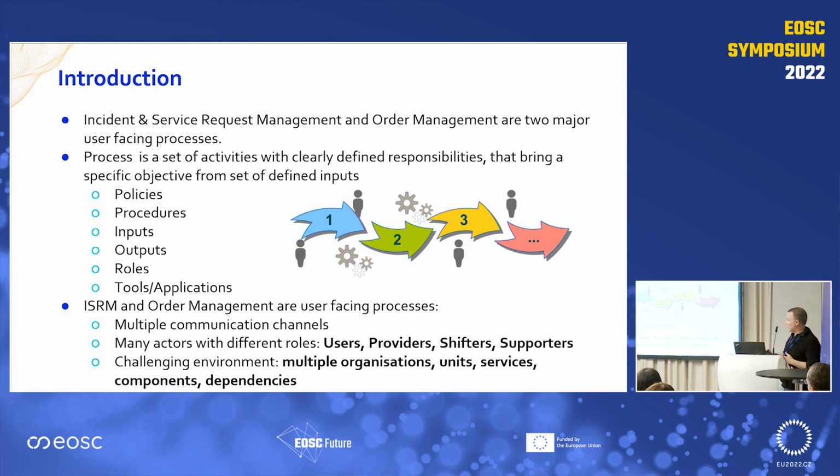A process is basically a set of activities with clearly defined responsibilities that bring a specific objective from a set of defined inputs. This is the definition from FitSM. And the process typically includes several items: policies, procedures, inputs, outputs, roles, and tools and applications.